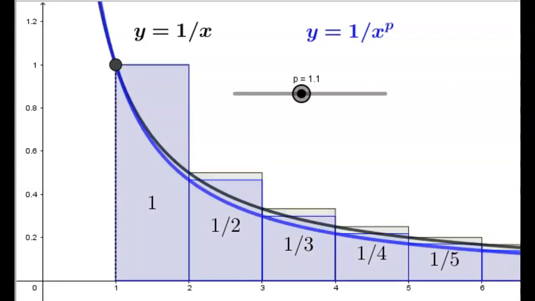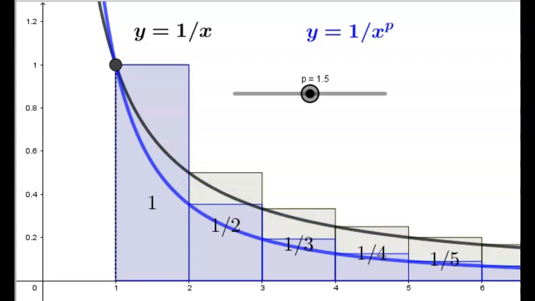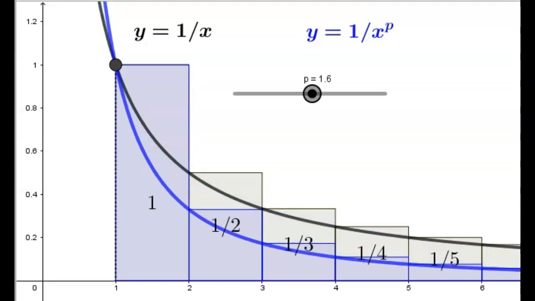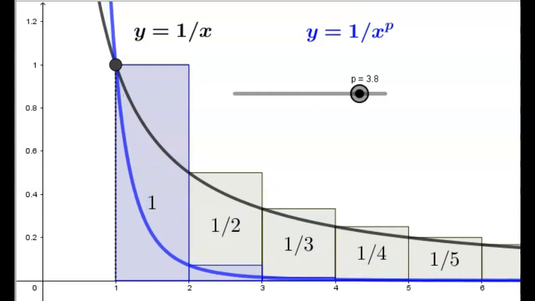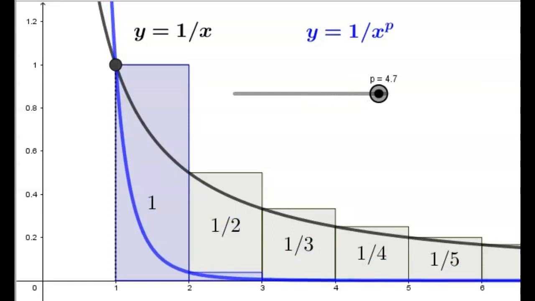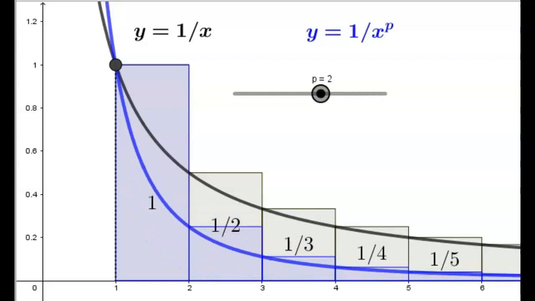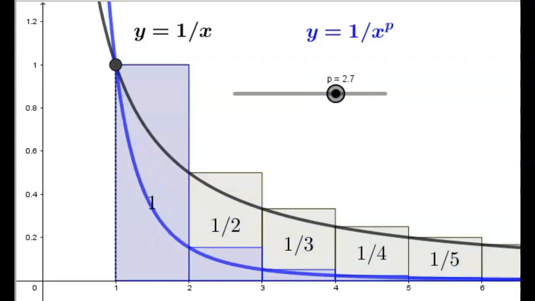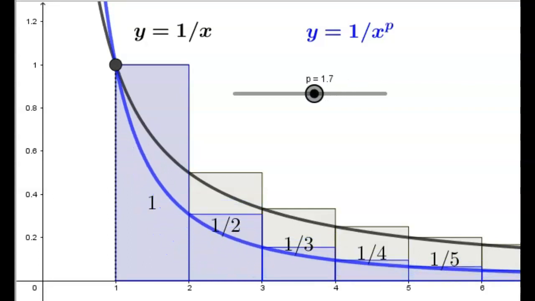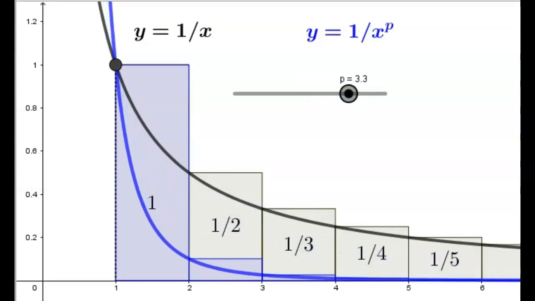But what if we take p higher than 1? Well, now the curve is on the other side, as are the rectangles. Does that mean we can conclude that the p-series will converge? Careful, we don't have enough information to say that yet. The fact that all the terms in the p-series in this case will be below the terms of the harmonic series doesn't tell us anything.